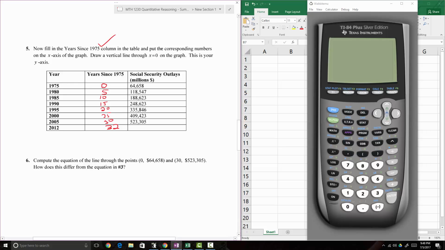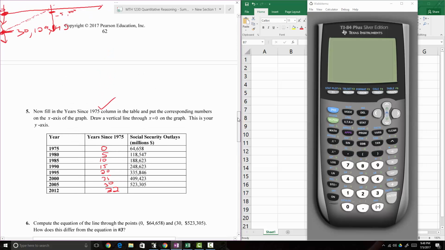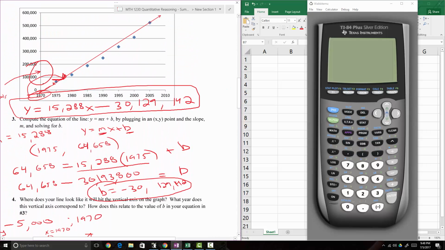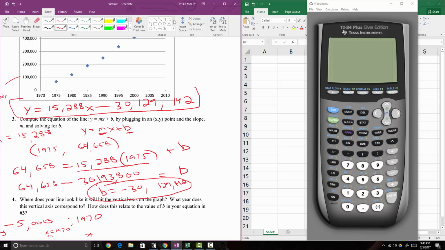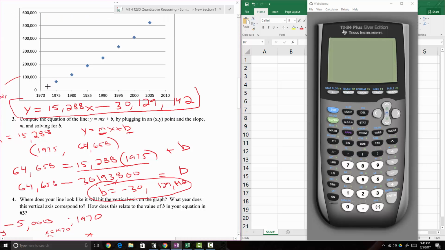So we filled in that column. Now we want to put the corresponding values on the x-axis of the graph. So if I go back up here, let me do some erasing. I'll redraw that line. Let me fix this.